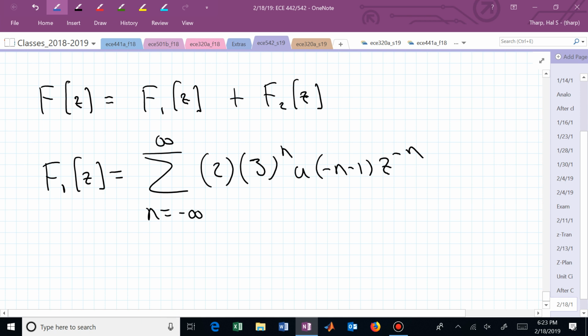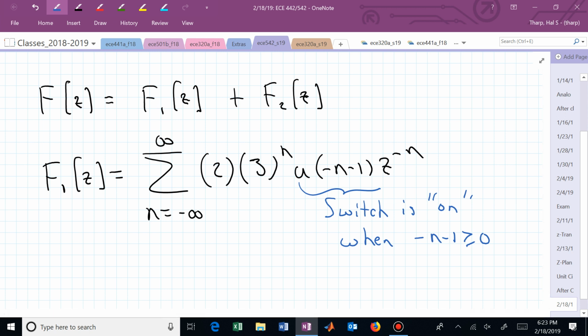This is now a switch that is on when minus n minus 1 is greater than or equal to 0. Right? When its argument is non-negative, or if we add n to both sides, when n is less than or equal to minus 1, or when n is less than 0. So that's what we want.